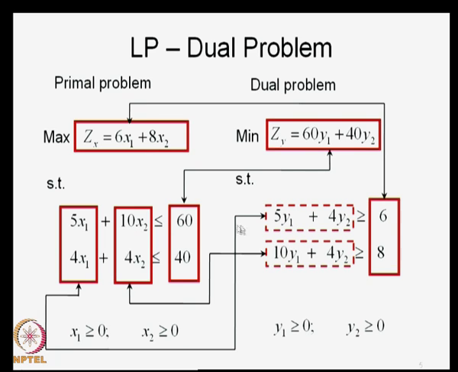So, 10 y 1 plus 4 y 2 and right hand side is 8. A maximization problem with less than or equal to constraints will have as its dual a minimization of the objective function with greater than or equal to constraints, and these are the right hand side values.